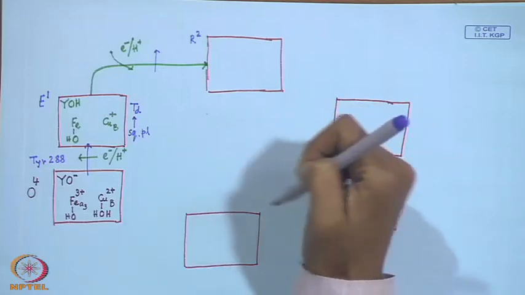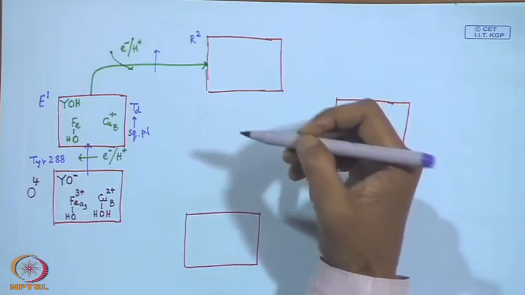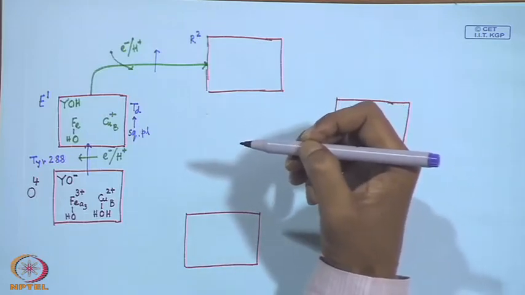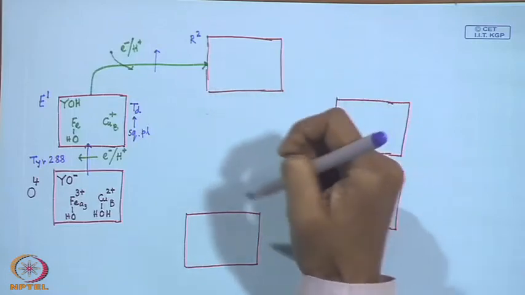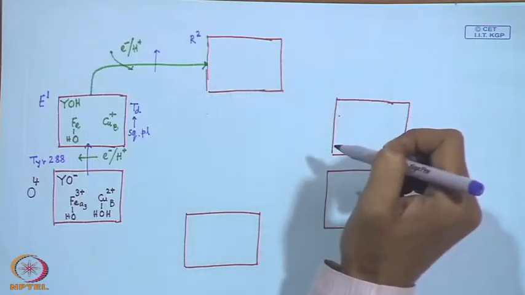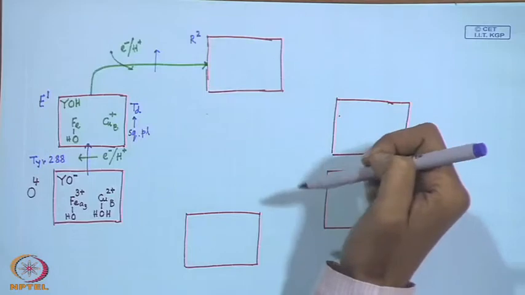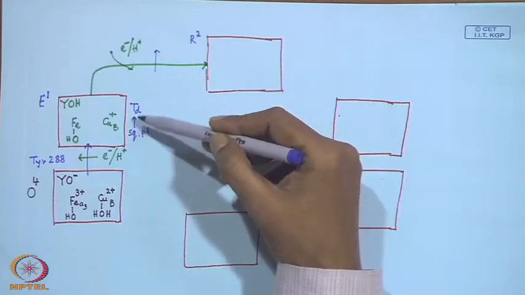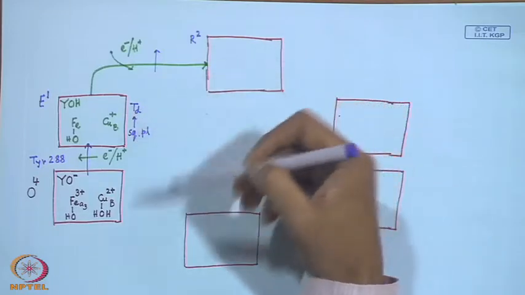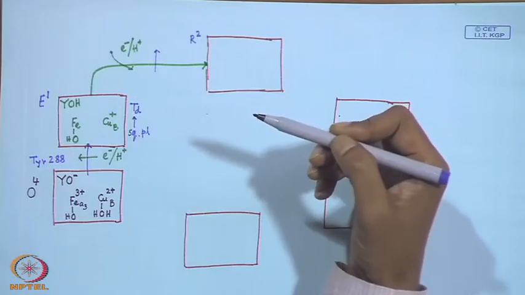And not only the immediate coordination environment for copper as well as iron, but in the second level you have the protein environment, and that protein environment, due to the change in the coordination site for the copper, is also getting a little bit modified.